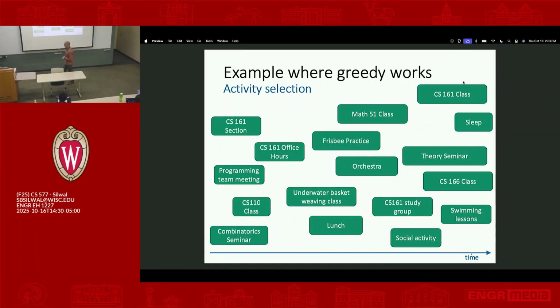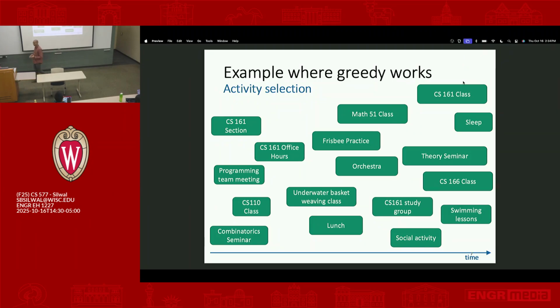The problem is as follows. I have time from 9 a.m. to 9 p.m. and there's a bunch of activities that I can do. A certain activity takes a certain block of time. Maybe between 12 to 1 you have lunch, and maybe between 5 to 6 you have swimming lessons or whatever.